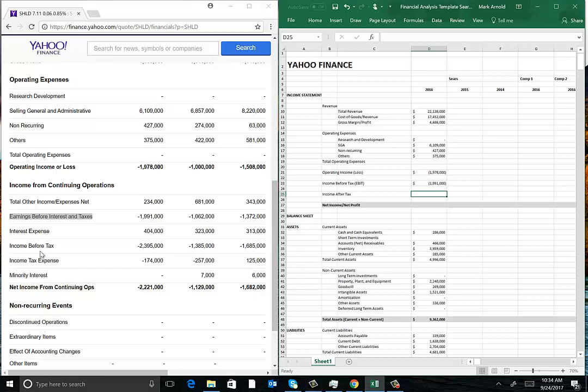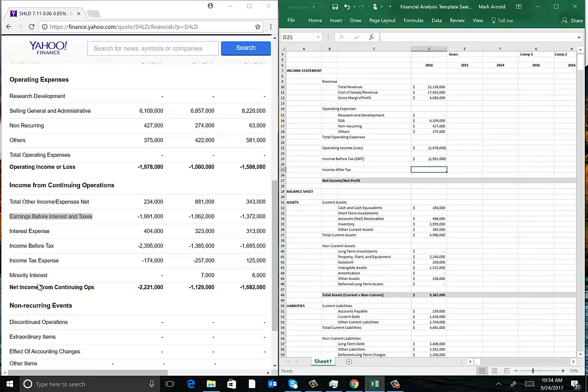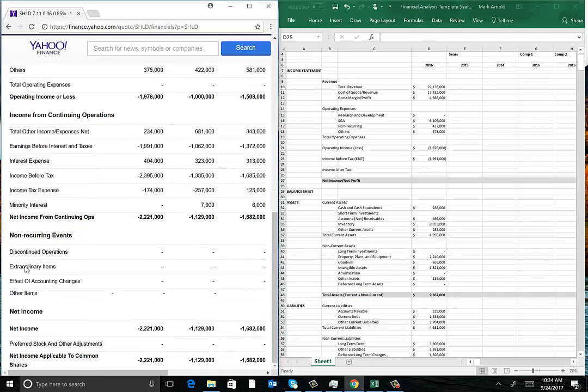Does it look like we have an income after tax? Here it is right here. Net income from continuing operations. I'm going to go ahead and put that in right here, this number. Negative 2,221,000. Okay, and then finally we go down and enter our net income, which is at the very bottom down here.